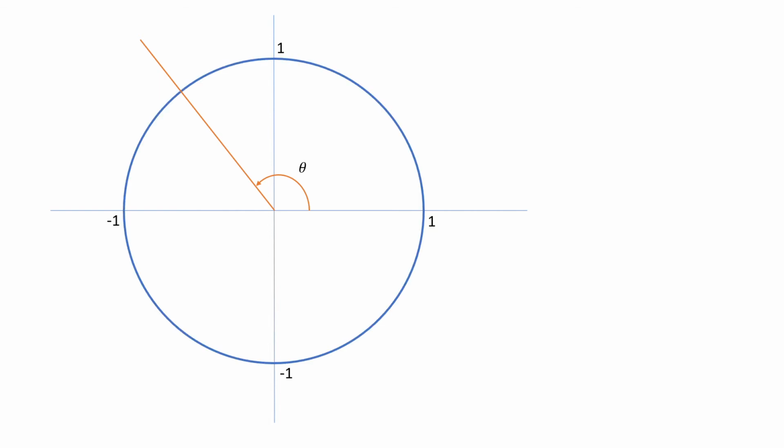I draw my unit circle. I find the point of intersection of the yellow part of the angle and the circle at point A. And the coordinates of this point will be my cosine and sine. Horizontal coordinate will be cosine, vertical component is going to be sine.